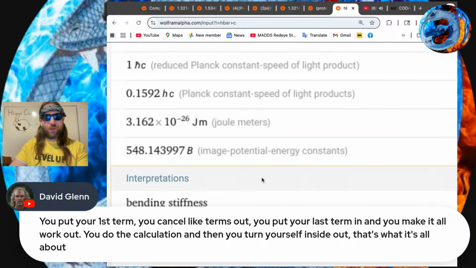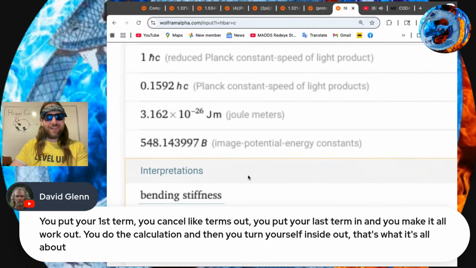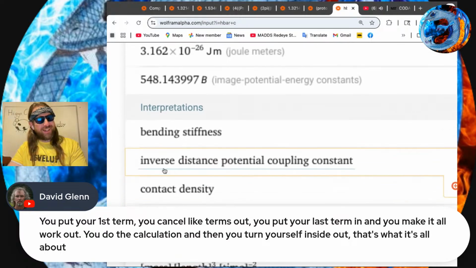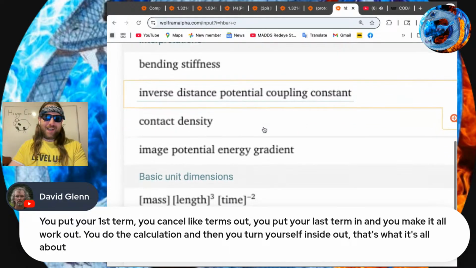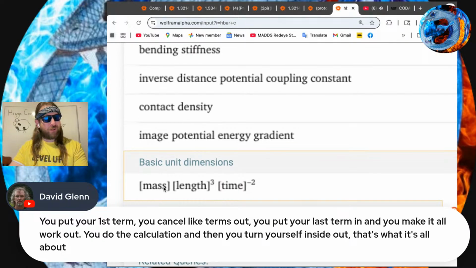Bending stiffness, or I think they actually added in a couple more interpretations. Inverse, oh, sorry, I'm blocking it. Inverse distance potential coupling constant. I mean, that's what it is. If we notice the dimensions here, we've got mass in the numerator.